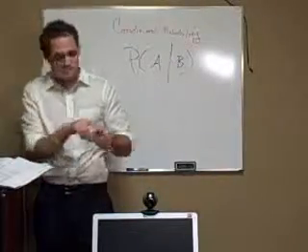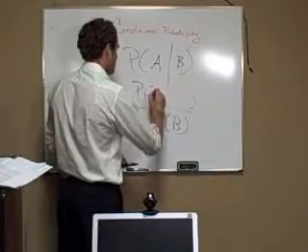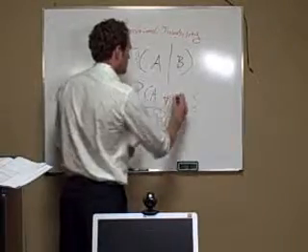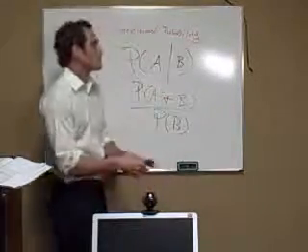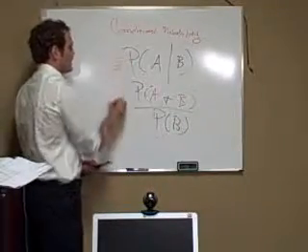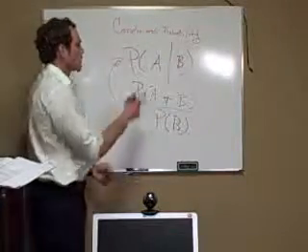Now, this in a formula, just to make sure I'm clear. Probability A and B over the probability of B. This is saying the same thing. The probability of A given B. Okay?